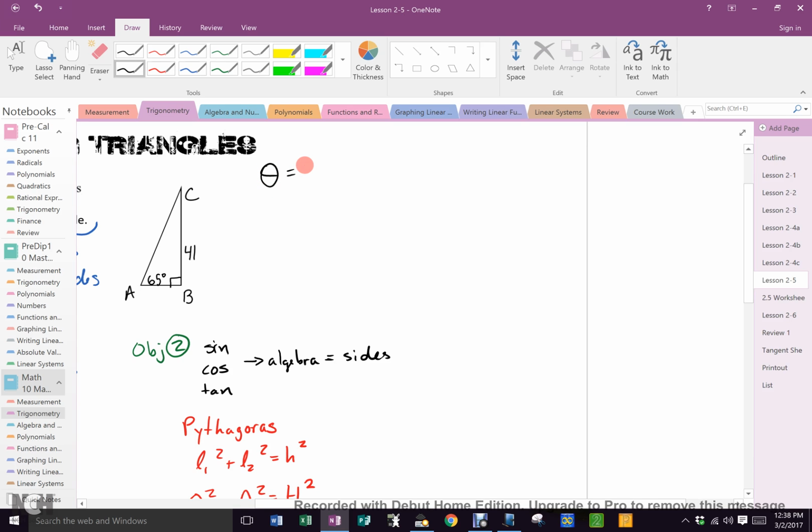I have a theta of 65, right? I have, using that angle, an opposite of 41. What do I need? I need the hypotenuse, and I need the adjacent.